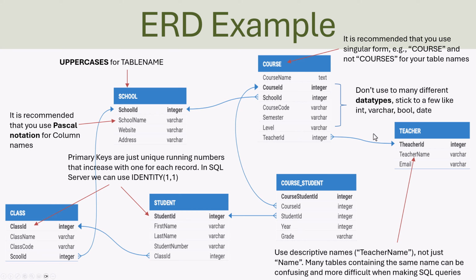One final thing, it's also important when you specify data types. Typically you shouldn't use too many different data types. You should stick with a few data types. Then it's easier to remember the data type that you have used when you are going to use them in queries and creating stored procedures, etc. So typically you stick to 2-3 different types like integer or int, varchar.